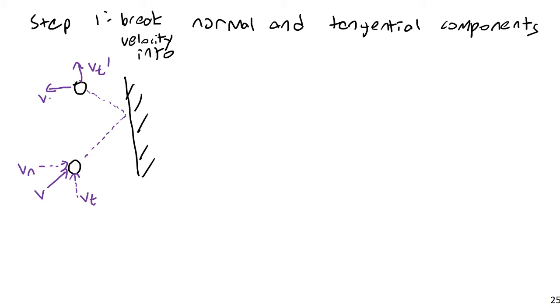I don't know the exact magnitudes of these, but I can assume that the normal component will be going to the left and the tangential component will be going upward. So let's go ahead and do this.